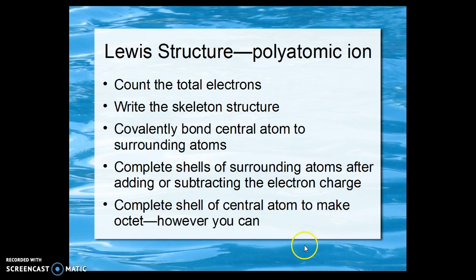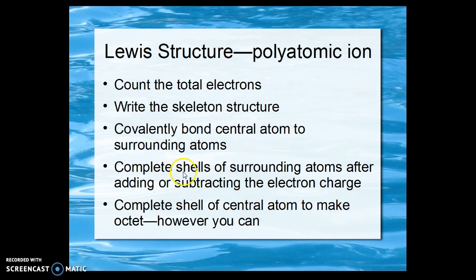Now, how do you write a Lewis structure for a polyatomic ion? Well, you have to know how many total electrons there are. You write a skeleton structure with a less electronegative atom in the middle. And you covalently bond that central atom to all the other atoms surrounding it.